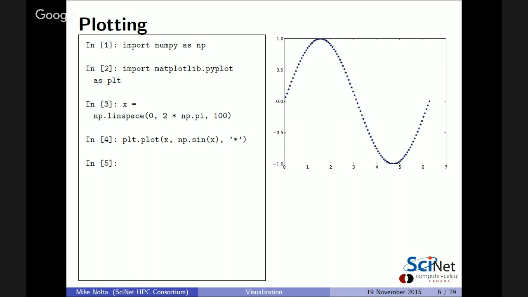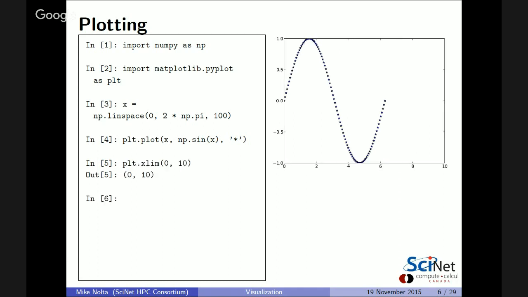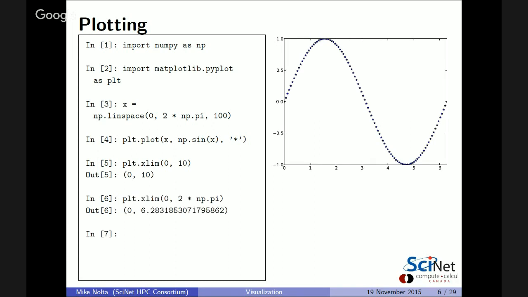You'll notice this MATLAB-style string here: just a star character means plot stars. Now I want to adjust the plot, so I can call this xlim function to change the x limits. Before they were auto-determined, now I'm going to change them to 0 to 10, or change them back to 0 to 2 pi.